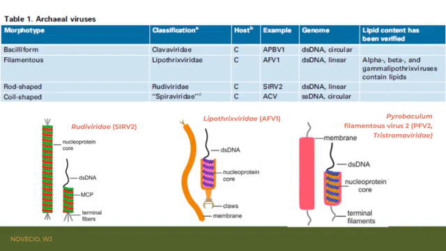So all characterized linear archaeal viruses infect hyperthermophilic Crenarchaea. These viruses can be divided into four groups: filamentous, rod-shaped, coil-shaped, and bacilliform.